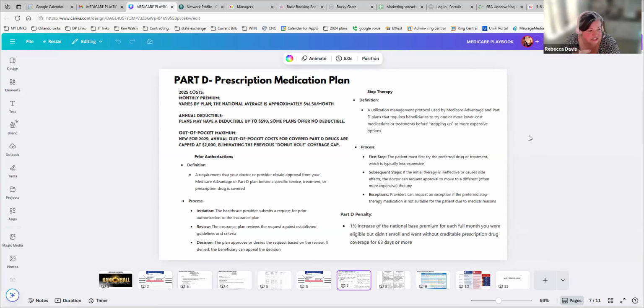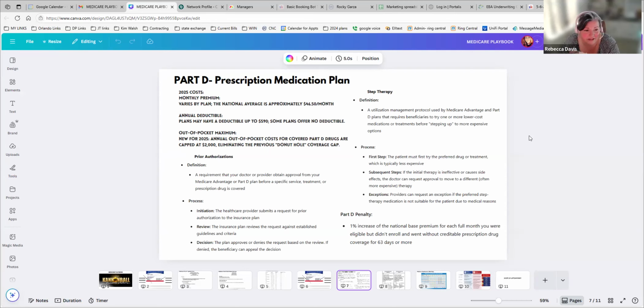Some other language you need to know: prior authorizations, where the pharmacy could require a doctor approval from the plan or the drug plan before treatment. There's the process. The healthcare provider submits a request for prior authorization to the insurance plan. The insurance plan reviews it, and then the decision is either approved or denied.